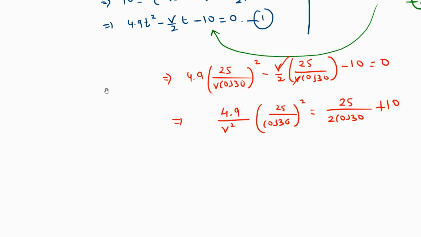I think that's where the calculator comes in. So let me just do that. This is, by the way, 30 degrees, just to avoid any confusion. Let me just grab my calculator.